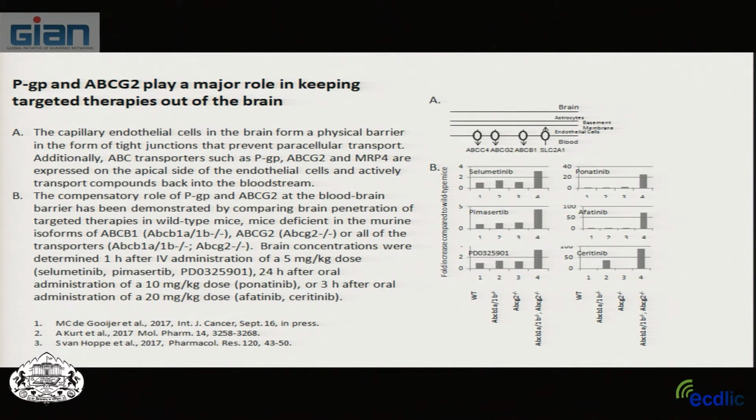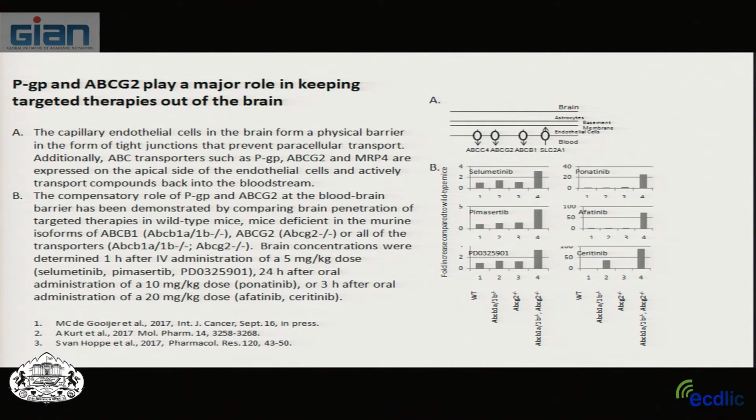These are all used in the clinic for treating patients. Some patients, like those having non-small cell lung cancer, have mutations in the tyrosine kinase, and they are then treated with one of these inhibitors.